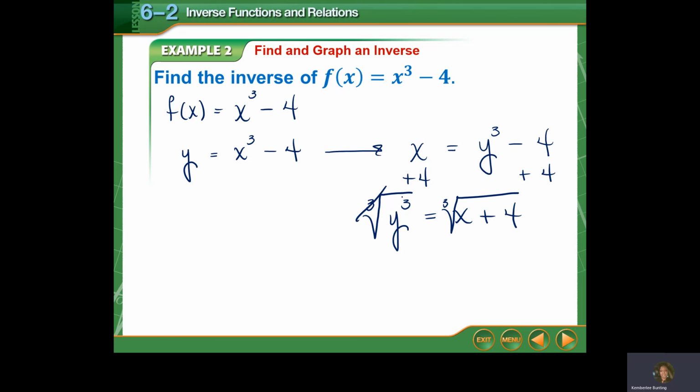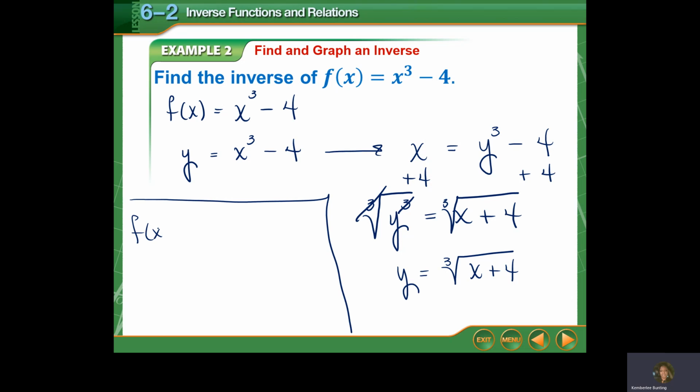So this cube root cancels out with this cube, right? Cancel each other right on out. And I get my final answer as y equals the cube root of x plus 4. So if I wanted to write it out, if f of x equals x cubed minus 4, then f inverse of x is the cube root of x plus 4.